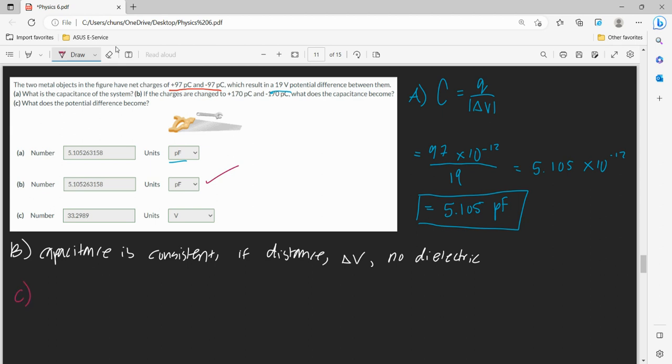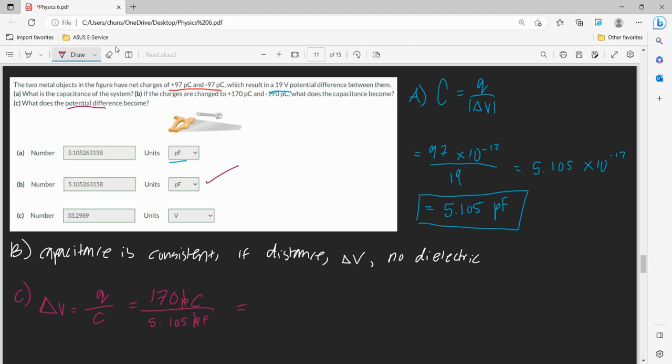So if we want to find the new potential difference between them, we can isolate for our potential difference. This is equal to our charge over our capacitance. And our new charge is 170 picocoulombs over our 5.105 picofarads.